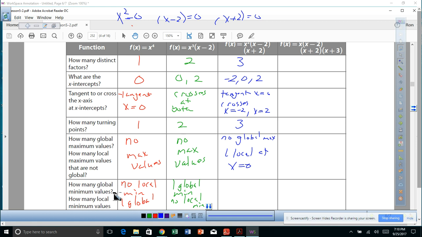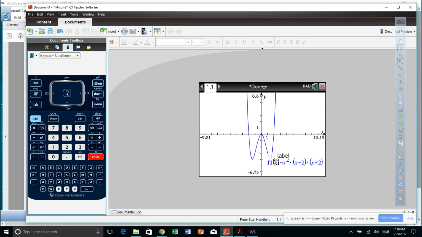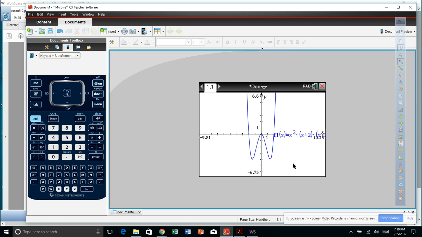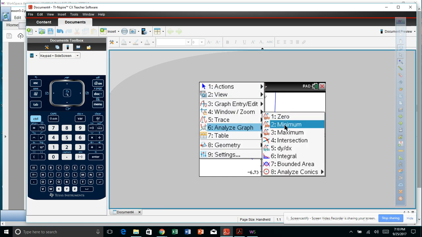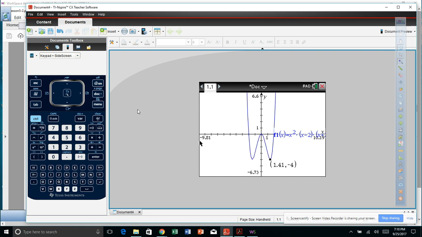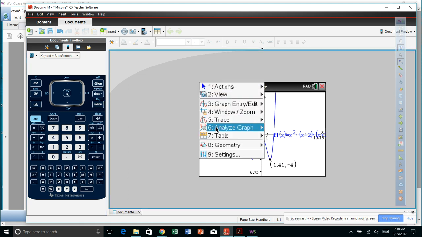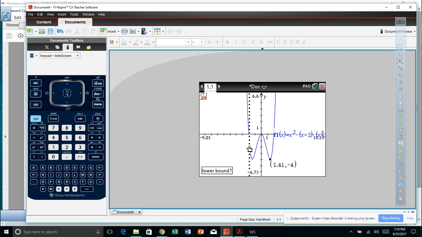And then what about how many global minimum values? Actually, it kind of looks like there are 2, but they go down to the same, and let me show you. Menu 6, 1, and menu 6, 2. Was 2 both times. See, they both go down to -4.